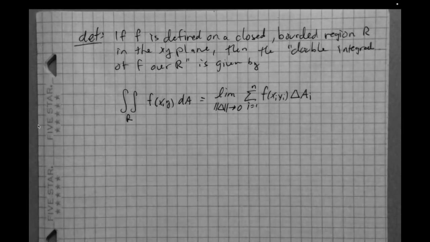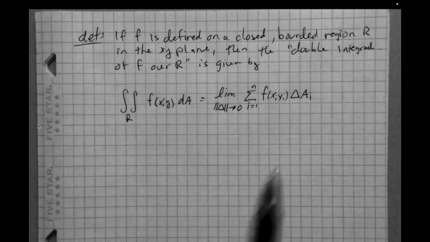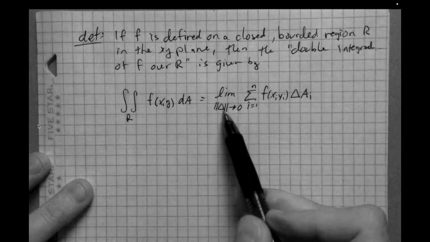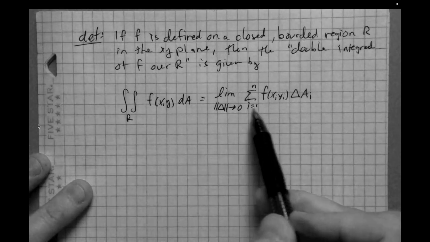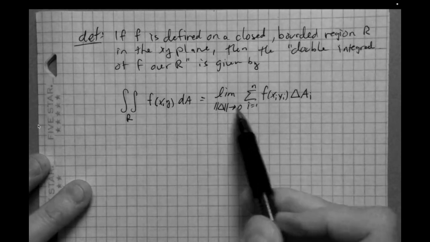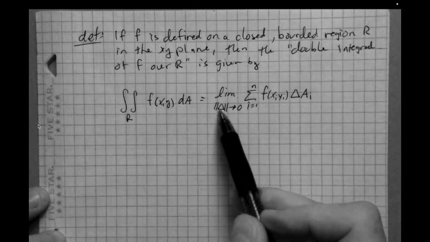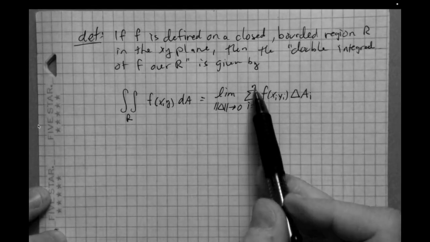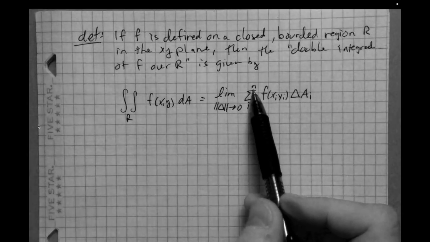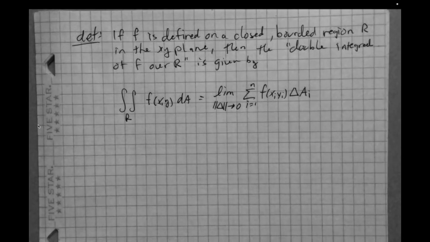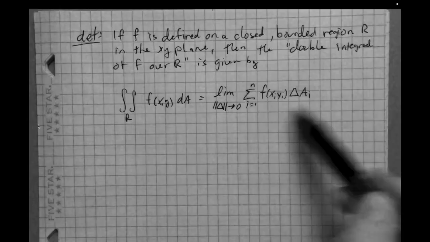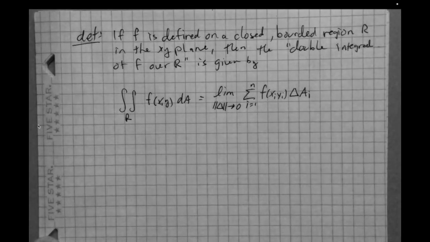So these are all the quantities we just talked through, right? N will obviously increase as the partition decreases. As the partition norm goes to 0, the number of squares required to partition the region increases to infinity, and the sum turns into this integral.